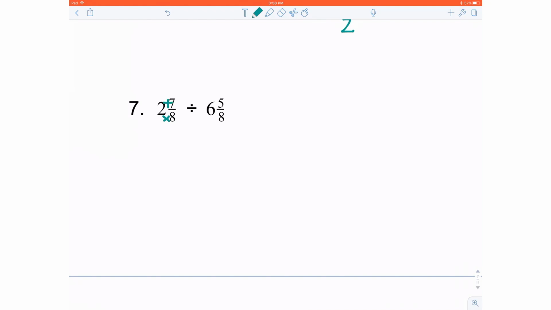So 8 times 2 is 16, plus 7 is 23, divided by 8 times 6 is 48, plus 5 is 53 over 8. Now remember, when we're dividing with fractions, we actually take the second fraction and we flip it, and we multiply the two fractions.